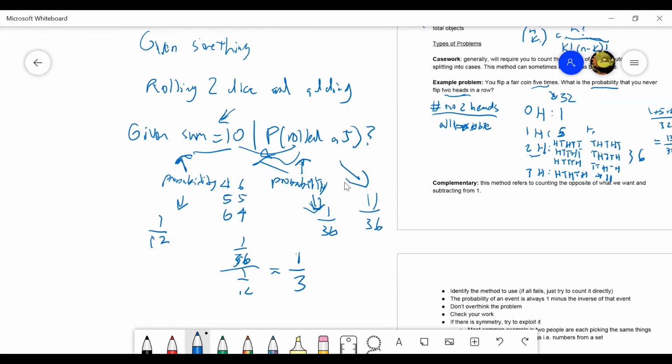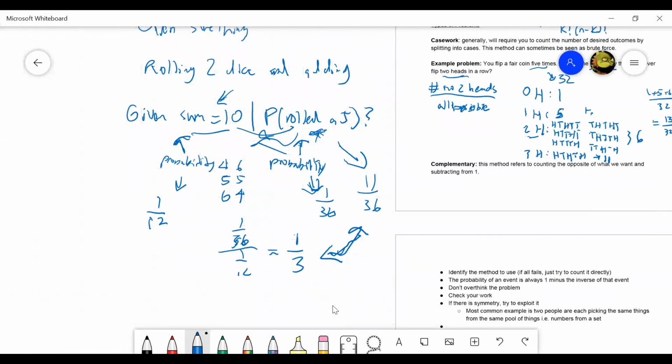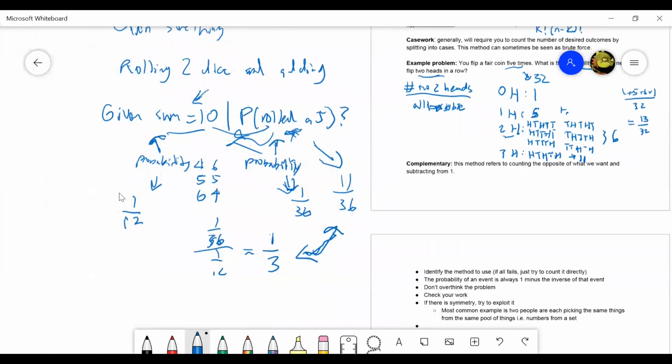But essentially, conditional probability will give you a different answer. So you can't just find a single probability and use that as your answer, because it's wrong. This was a simple example, but I do hope it demonstrated that concept.